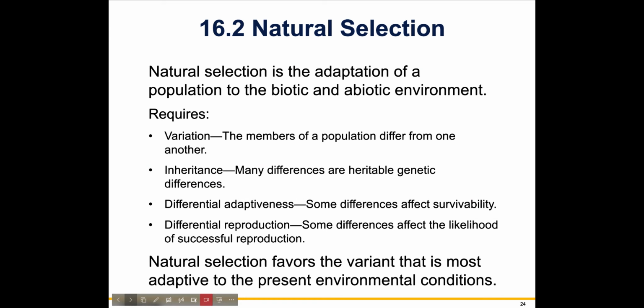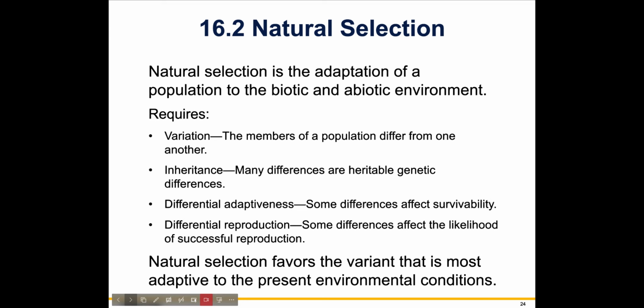If you have characteristics that allow you to get more food and shelter and space and water, find a mate, well, then you are more likely to reproduce. Whereas if you do not have those traits that allow you to find more food, water, shelter, space, and a mate, you are less likely to survive and find a mate. And then, of course, those differences will affect how successful you are at reproducing.